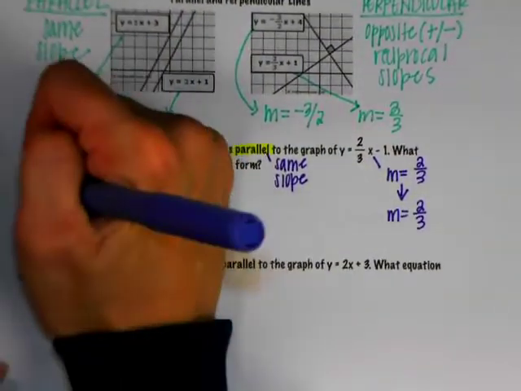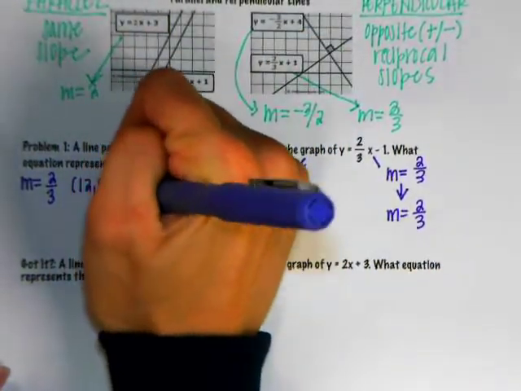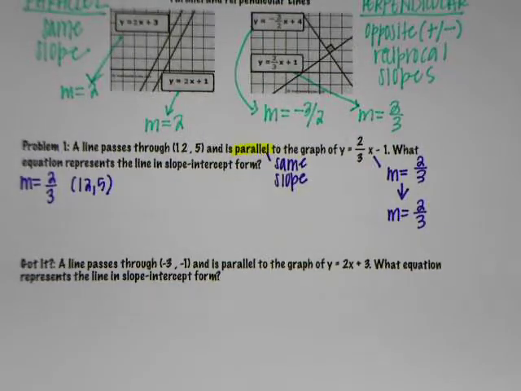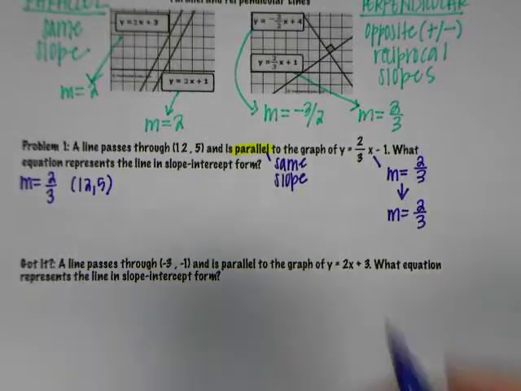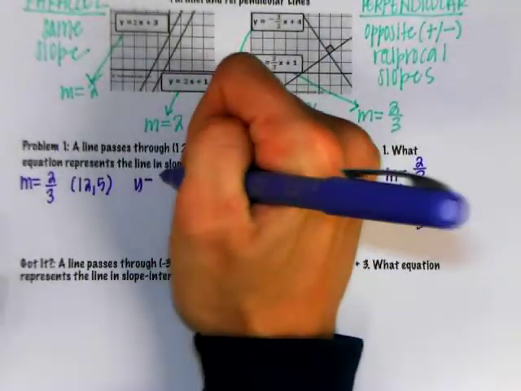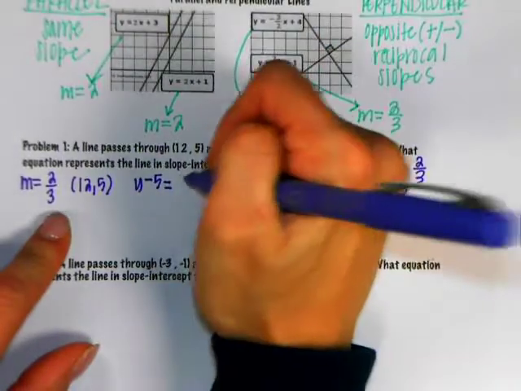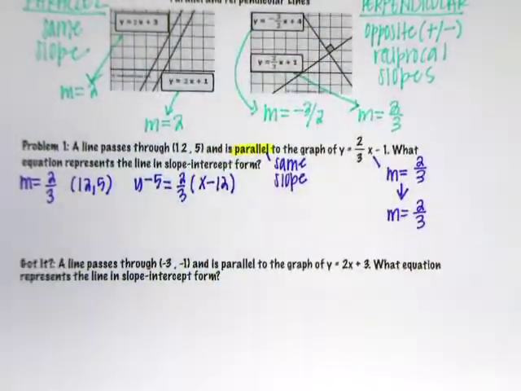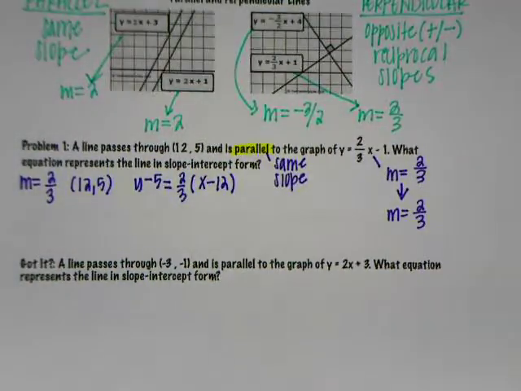So we're going to use m equals 2 over 3. And the point they gave us, (12, 5). And we're going to use point-slope form and convert it over. Okay? So we're going to do y minus 5 equals m, so 2/3, x minus 12. And then what do I have to do next to start converting it over? Distribute.